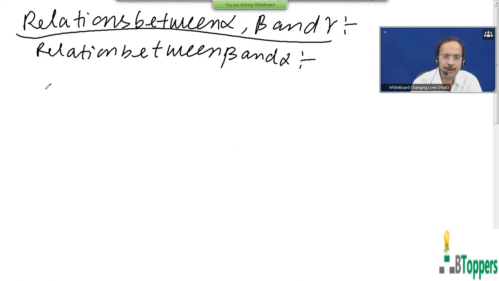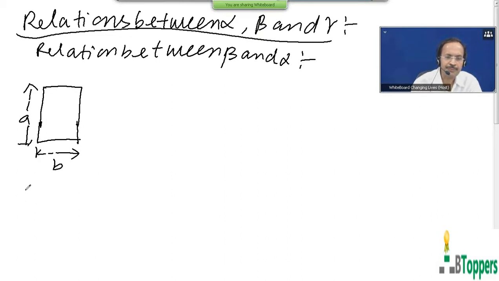So let us consider a uniform rectangular plate with length A and breadth B. Length denoted by small letter a and breadth denoted by small letter b.